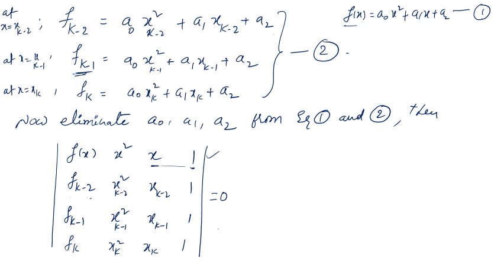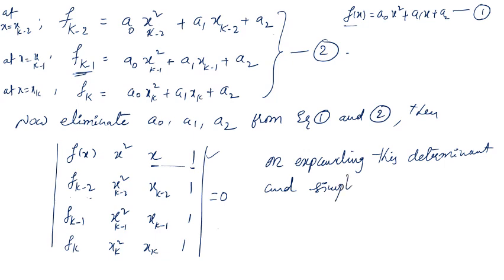Now let us eliminate by expanding this determinant and simplifying. It is very big, so I am giving the simplified version. Simplifying, we get, see what polynomial we are getting.